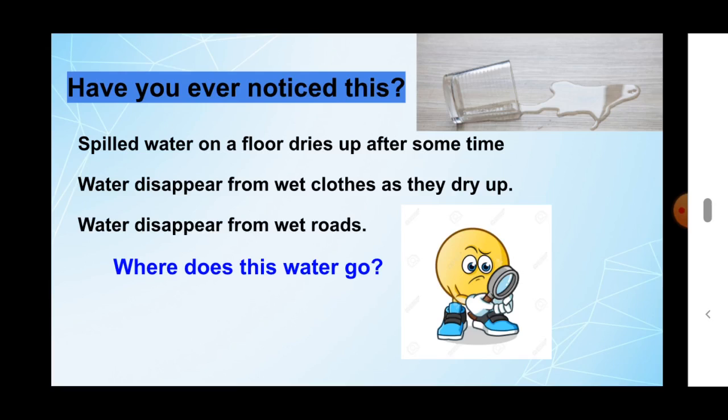Water disappears from wet roads or wet surfaces. In all three cases, water disappears. Where does this water go? Do you have any idea about this question? Where does this water go?